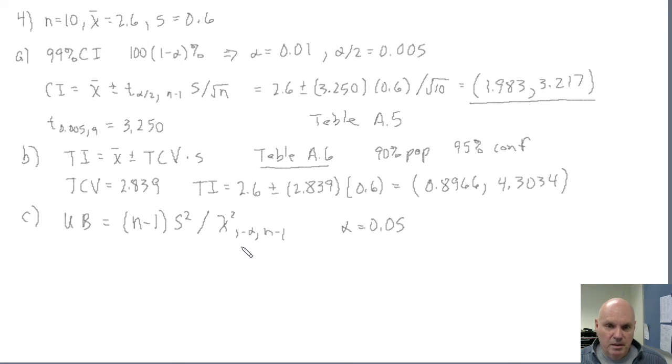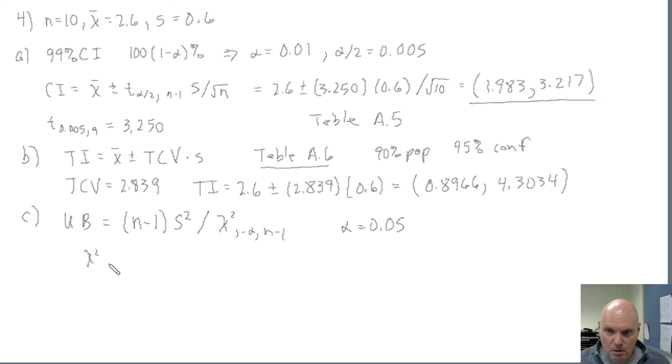But if you read the print right below, it says if you're calculating one-sided bounds, use alpha, not alpha over 2. So you use alpha over 2 critical values when you're calculating a confidence interval. But if you're calculating just upper or lower bounds, use alpha instead of alpha over 2.